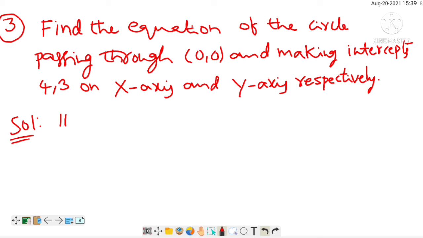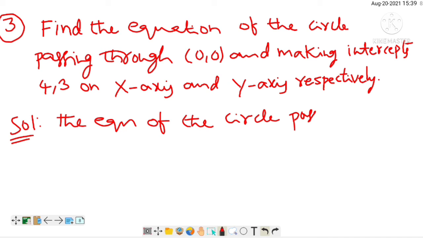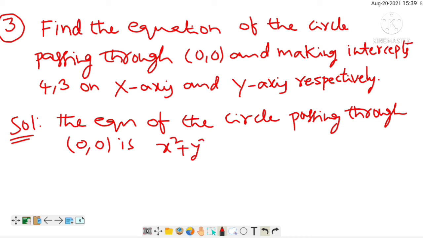So the equation of a circle passing through the origin (0, 0) is x² + y² + 2gx + 2fy = 0.